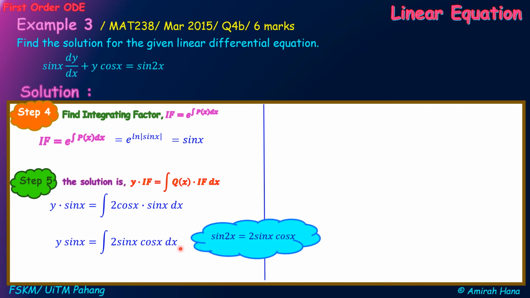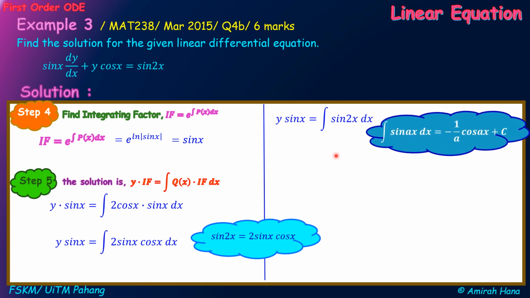Right, after that, from double angle identities, 2 sin x cos x equals to sin 2x. So, we can write y sin x equals to, we replace 2 sin x cos x equals to sin 2x, because sin 2x equals to 2 sin x cos x using double angle identity, right?